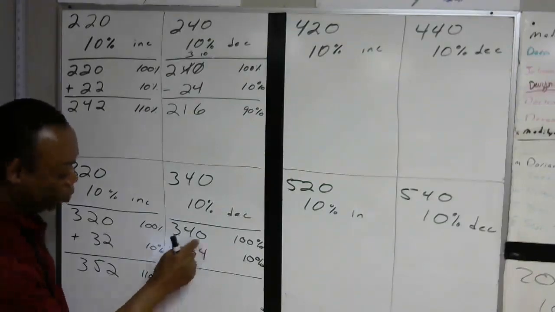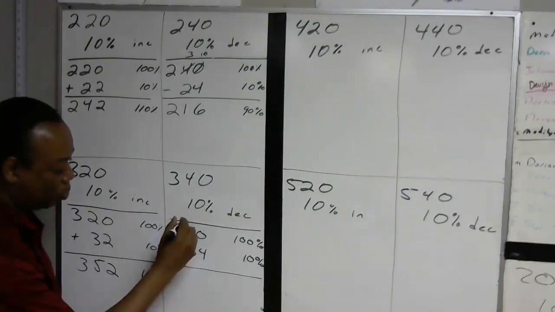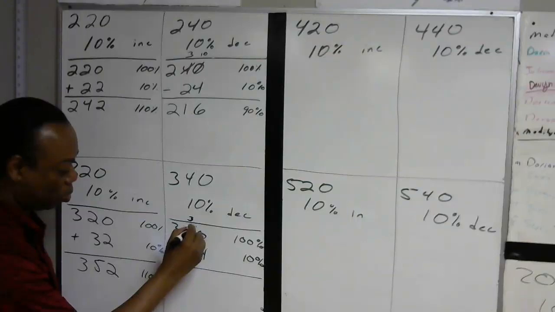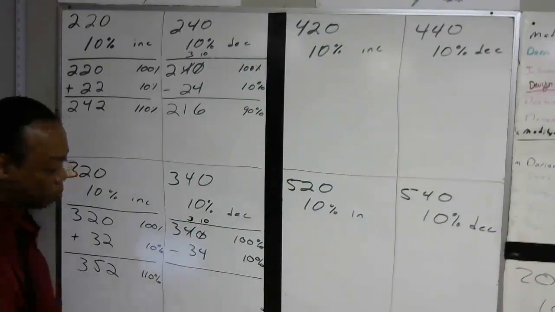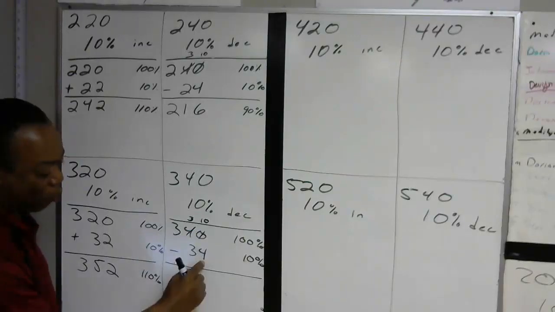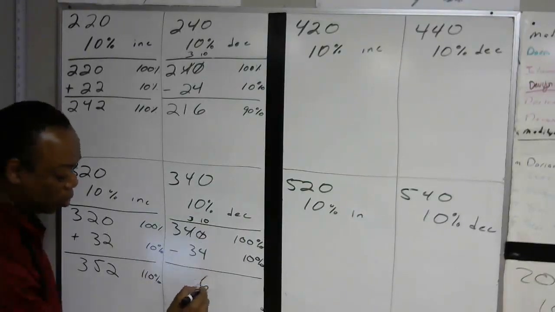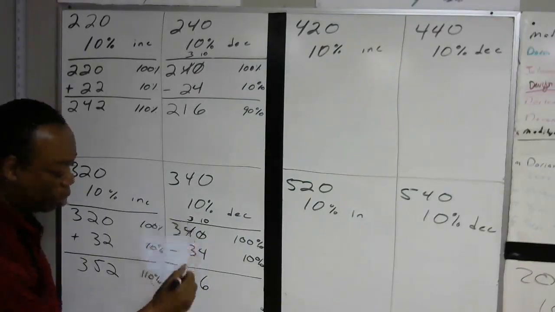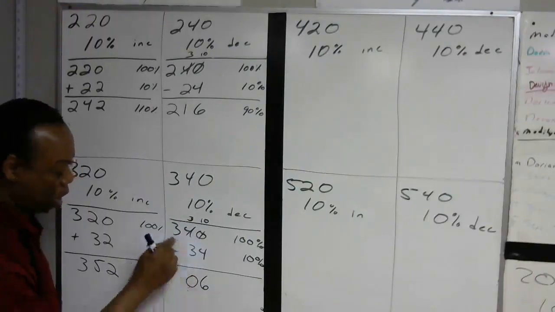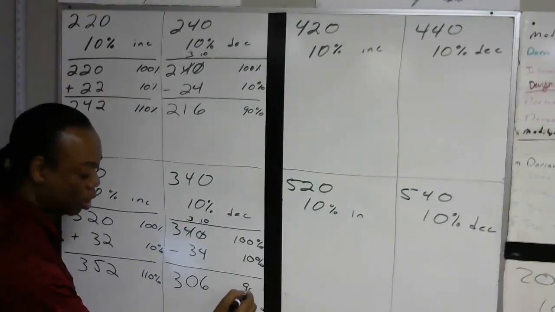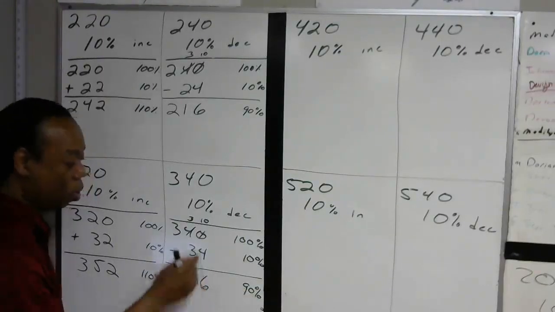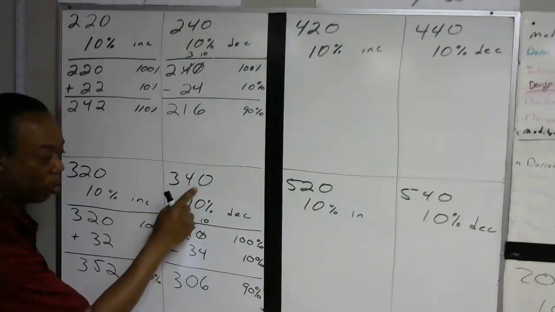So I cannot take 4 from 0. So I must borrow from the 4, make this a 3. This becomes a 10. Okay, 4 from 10 leaves 6. 3 from 3 is 0. And 3 comes down. 306 represents 90%, or a 10% decrease from the original.